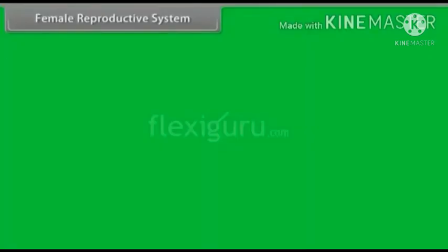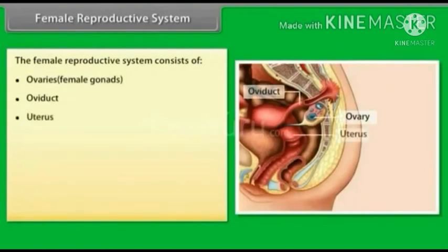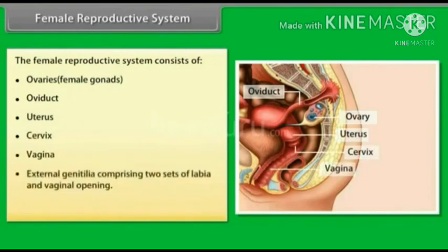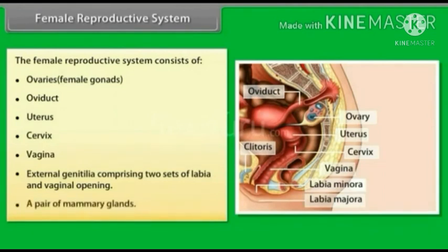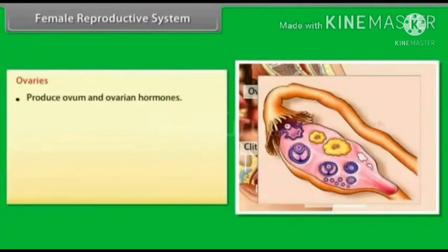Female reproductive system. The female reproductive system consists of ovaries, oviduct, uterus, cervix, vagina, external genitalia comprising two sets of labia and the vaginal opening, and a pair of mammary glands. Ovaries.